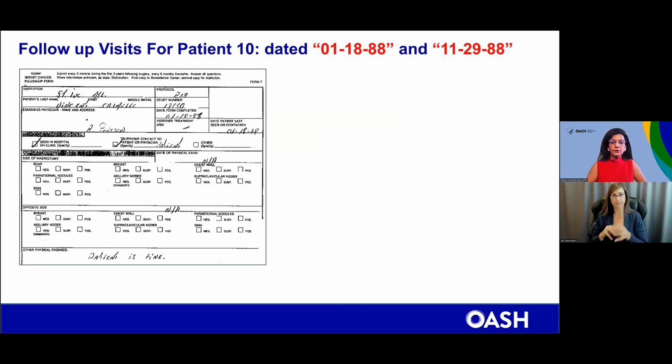And I'll show you one example quickly on a clinical study. This is a follow-up study after breast cancer treatment of a patient called patient 10. I asked you to focus on the dates and the comments on the follow-up visit forms. Here, the patient visits were in January '88 and November '88.